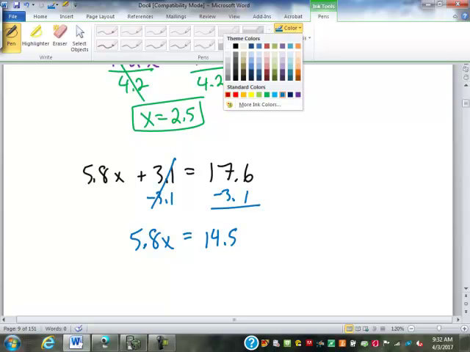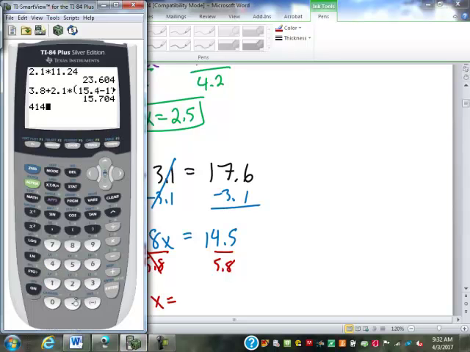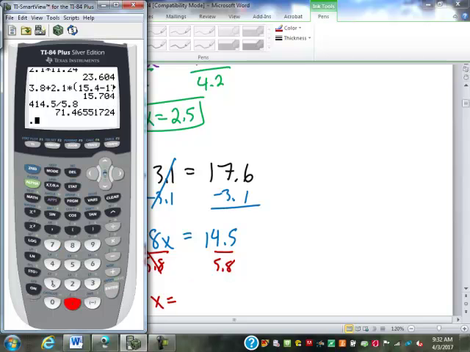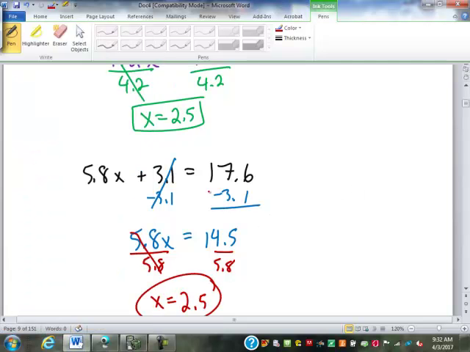Then what? Divide by 5.8. So over here I just have x. 14.5 divided by 5.8 leaves us with, oops, I got something wrong there. Let's try that again. 14.5 divided by 5.8 is once again 2.5.